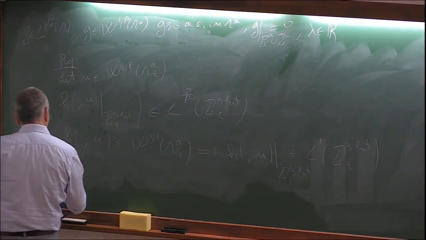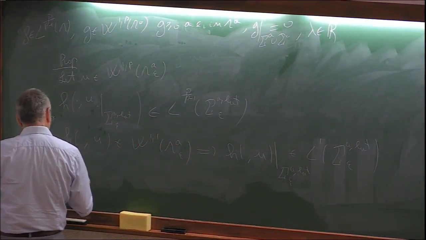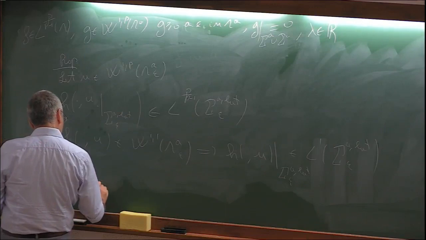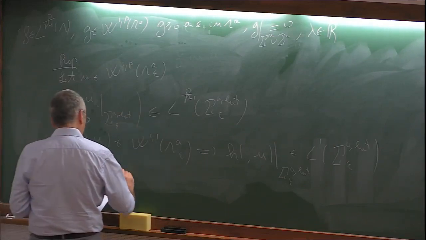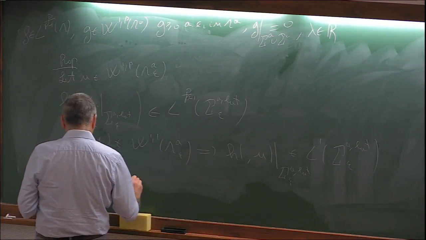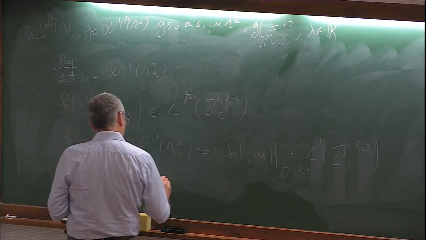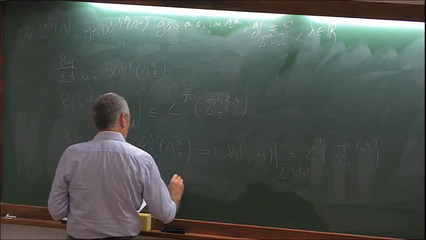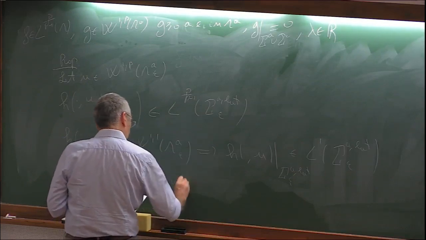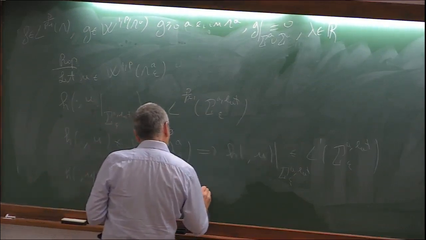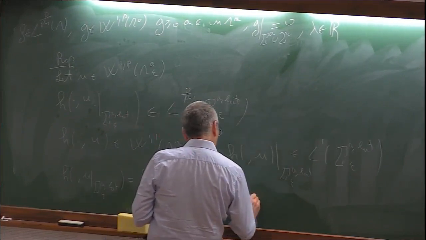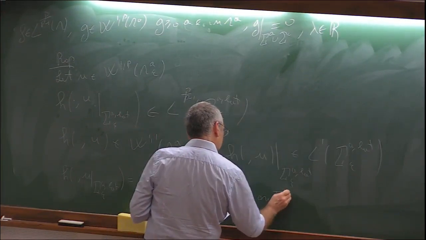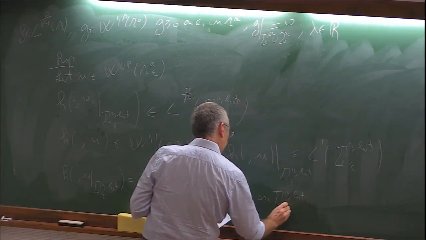We have proved that h of the trace of u on sigma A lateral epsilon is equal to the trace of h of u on sigma A lateral epsilon almost everywhere on sigma A lateral epsilon.